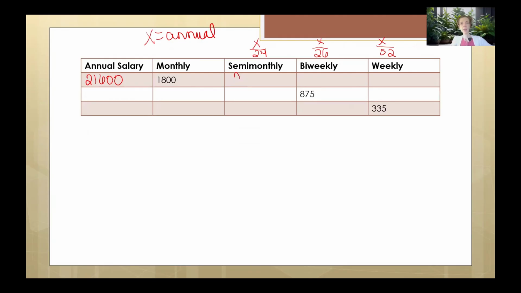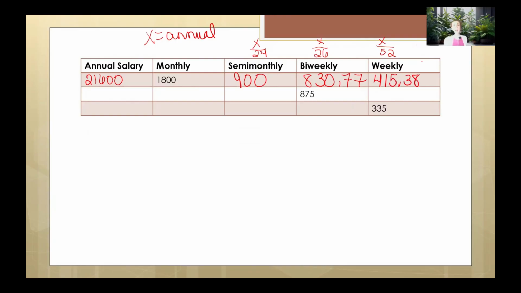So we get 900. So then our biweekly, we're going to take our annual and divide it by 26, which is $830.77. And then this one, 21,600 divided by 52, which gives me 415.38.